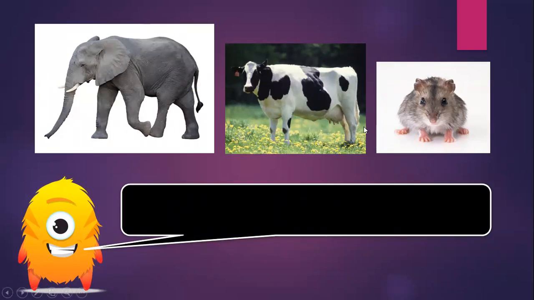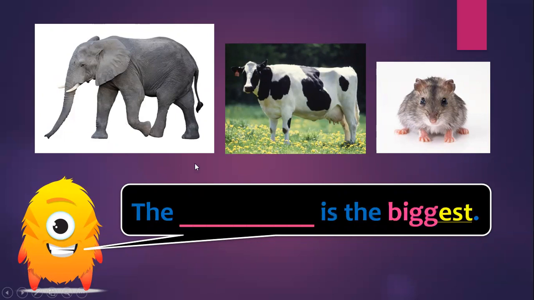So if we compare here, we can say that what is the biggest? Look here, the space is the biggest. As you can see, it doesn't say bigger, no, biggest. So it means that we are talking about the animal who is more than the others.